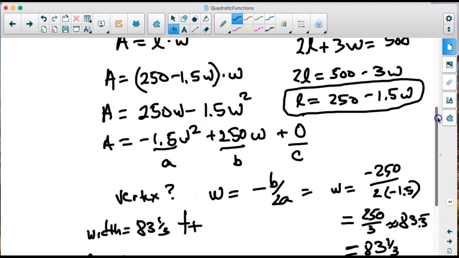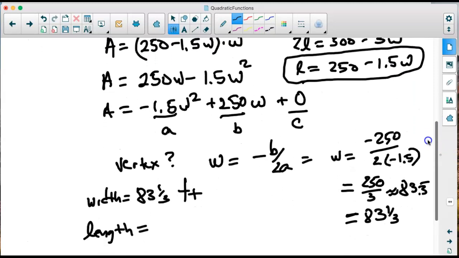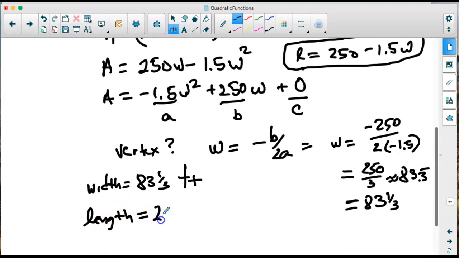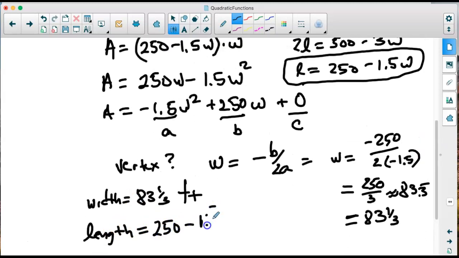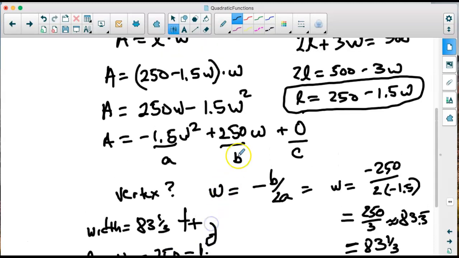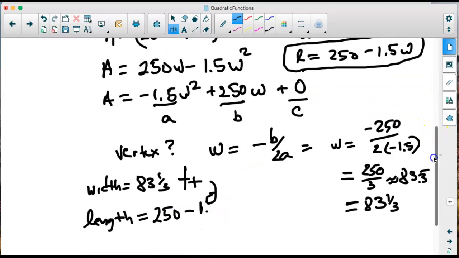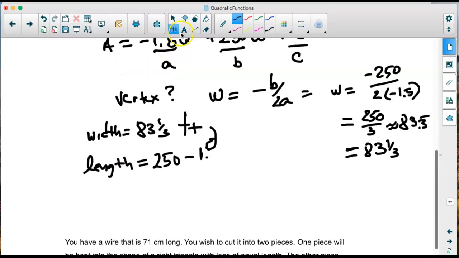So let's do that. The length is 250 minus 1.5 times 83 and 1/3. Let's try erasing here.